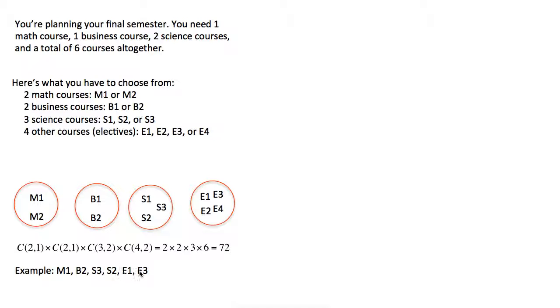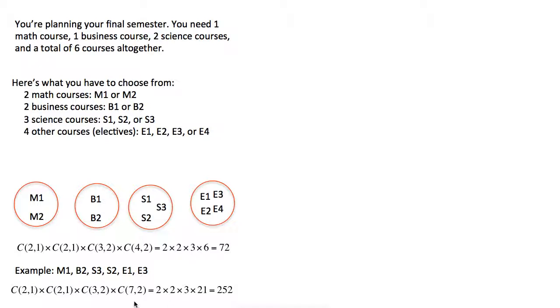So we could replace either of these electives by B1 or M2 or S1. So there are going to be some examples that don't involve taking 2 of the electives, but rather some more of the math or business or science courses, and we're not counting those. So this is not the correct answer for the question that was posed.